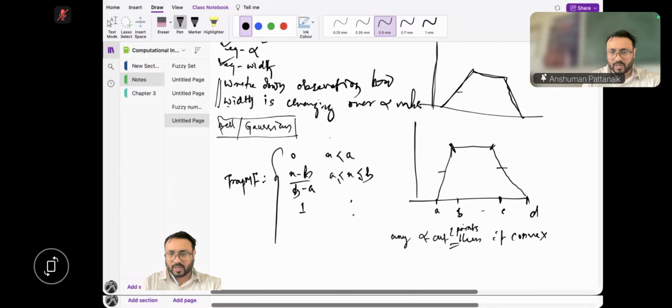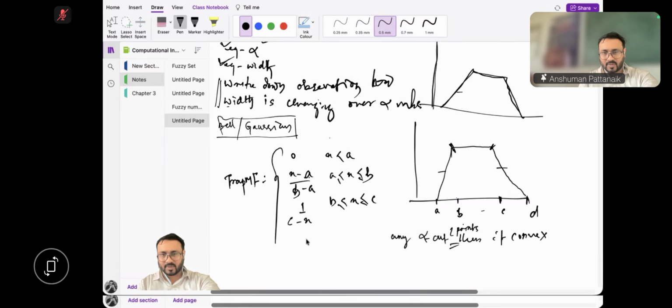Then it is 1 when x is in between b and c. Then the next part is (d minus x) divided by (d minus c) when x is between c and d.